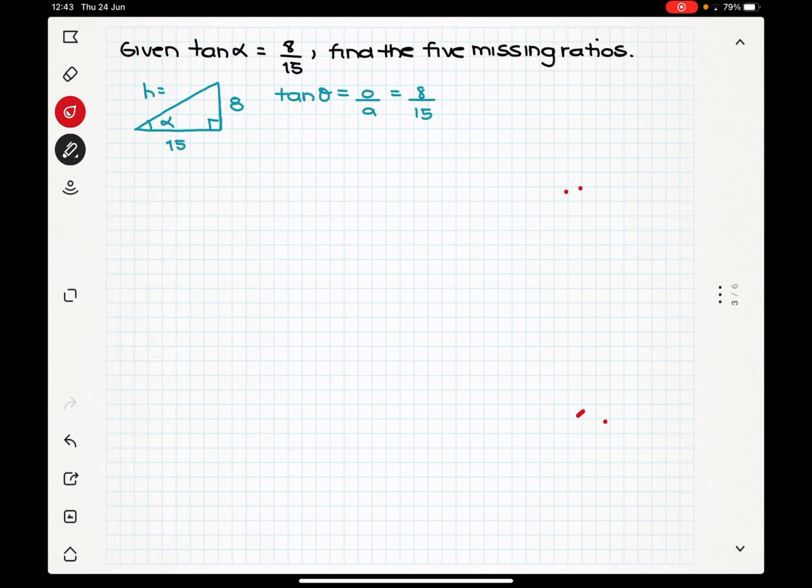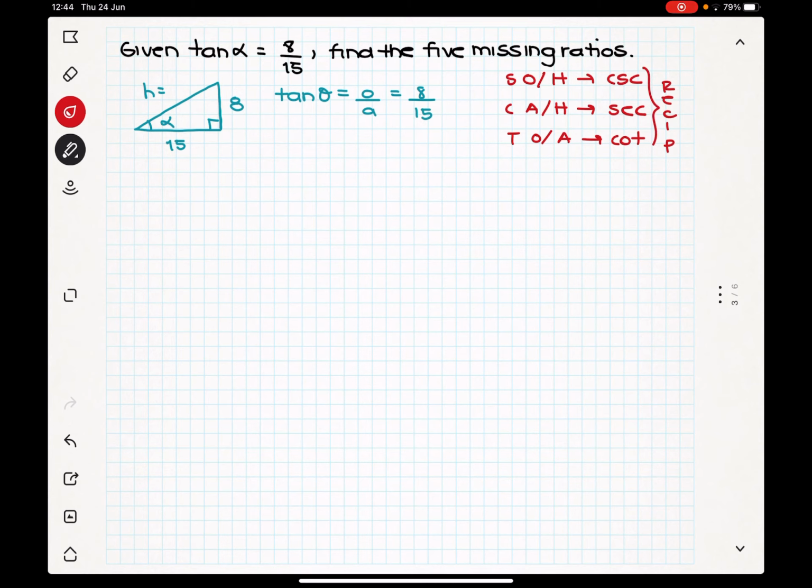Sine is opposite over hypotenuse. Cosine is adjacent over hypotenuse. Tangent is opposite over adjacent. And the reciprocals are cosecant, secant, and cotangent.